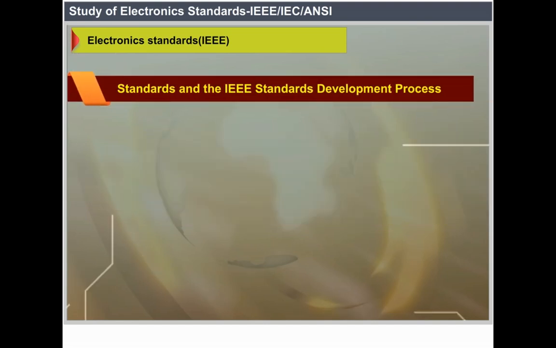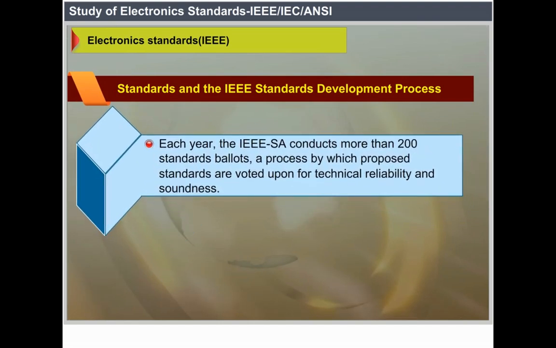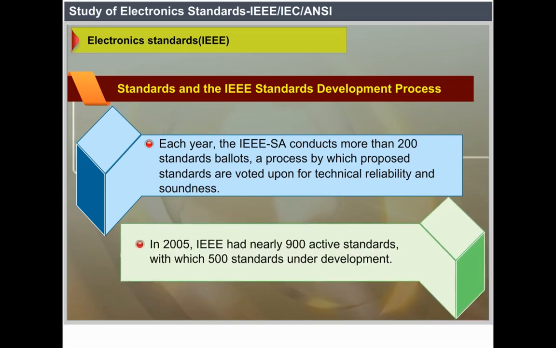Standards and the IEEE standards development process. Each year, the IEEE-SA conducts over 200 standards ballots, a process by which proposed standards are voted upon for technical reliability and soundness. In 2005, IEEE had close to 900 active standards with 500 standards under development.